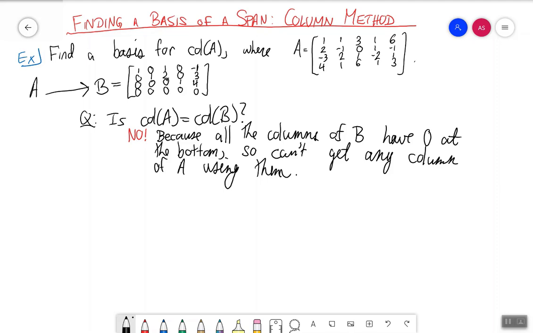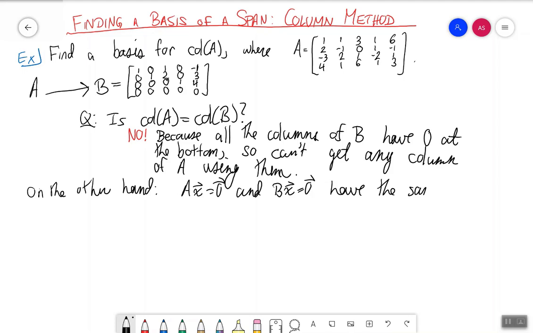On the other hand, AX equals 0 and BX equals 0 have the same solutions, which we already know, and therefore have the same dependency relations between their columns.